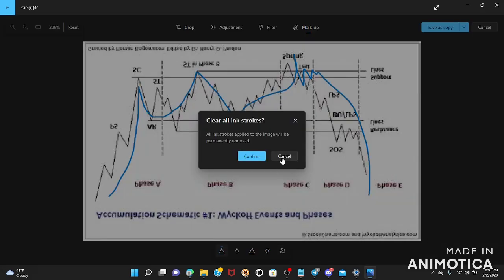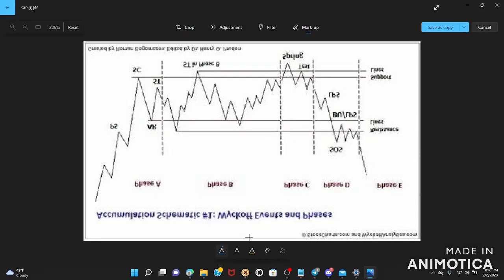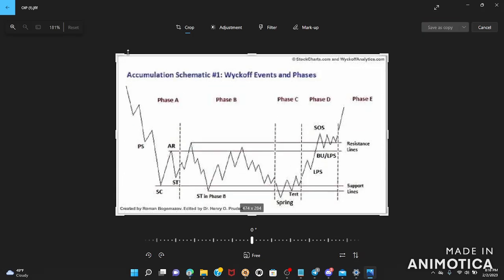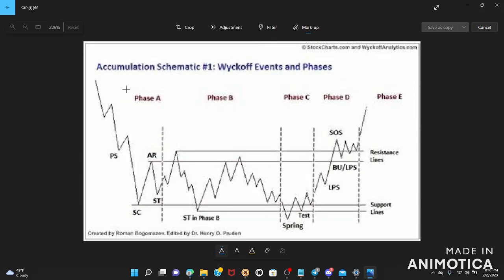Let me erase this. Okay. So this is the classic Wyckoff method. For you to see it and understand it, it's really simple. This is how it works. Down, contraction, ripsaw, H, then up.